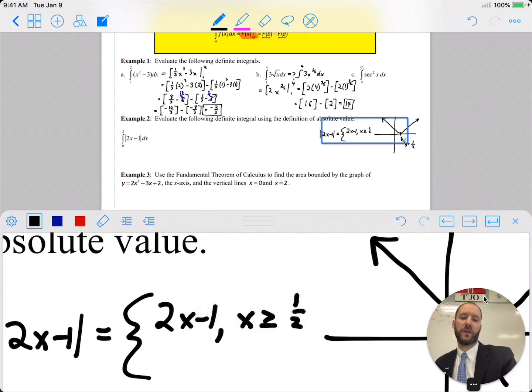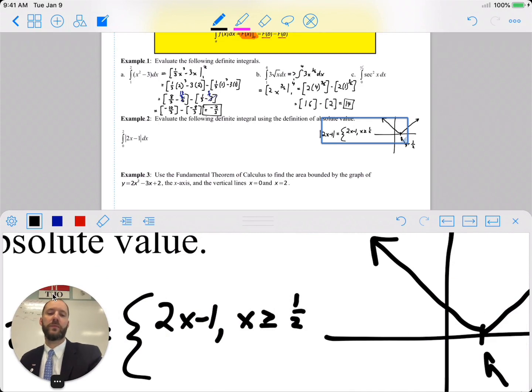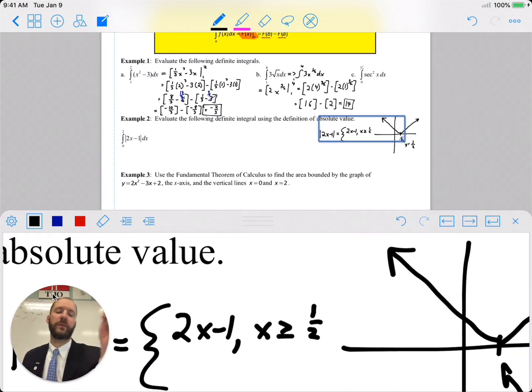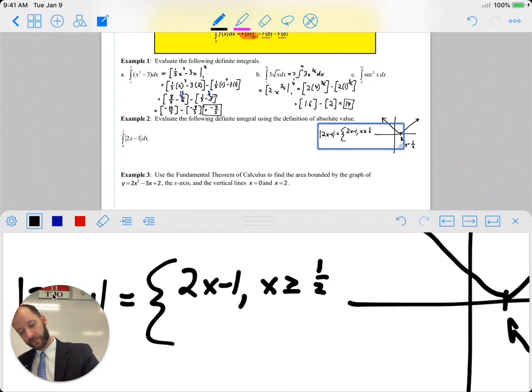Move this around so you can see better. So the left half of the function, there's a negative slope and a positive y-intercept. The entire function is switched around when x is less than 1/2.